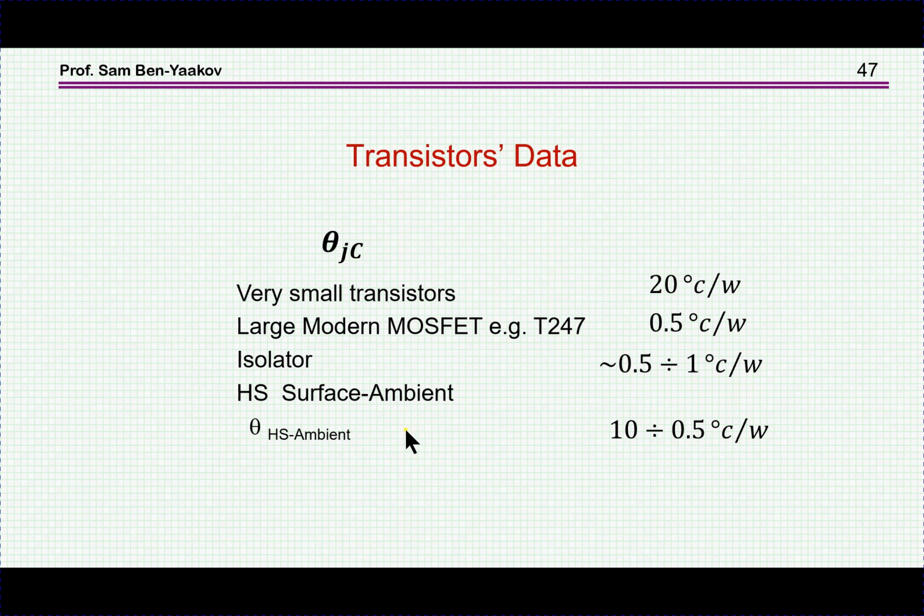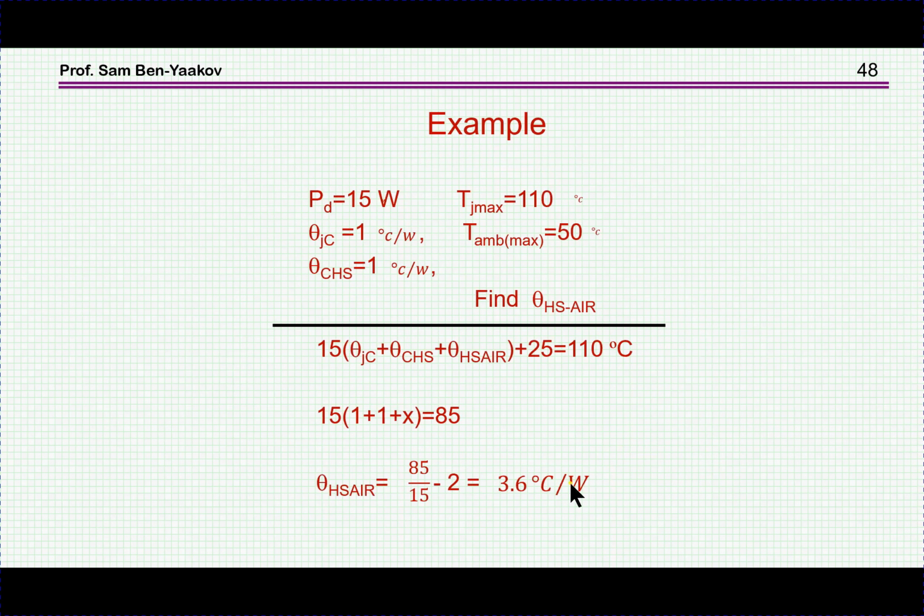And then the heatsink itself, depending on the size of the fins, and obviously as a function of the airflow, whether it's still air or there is airflow, could be in this range. So let's take an example.